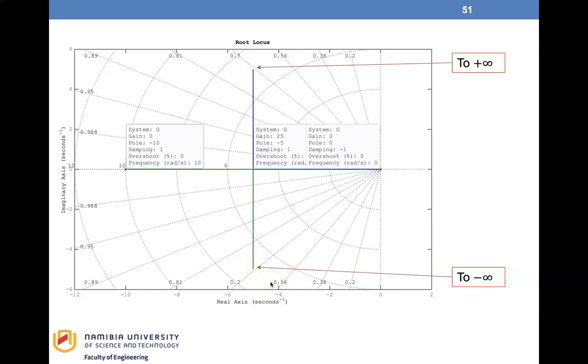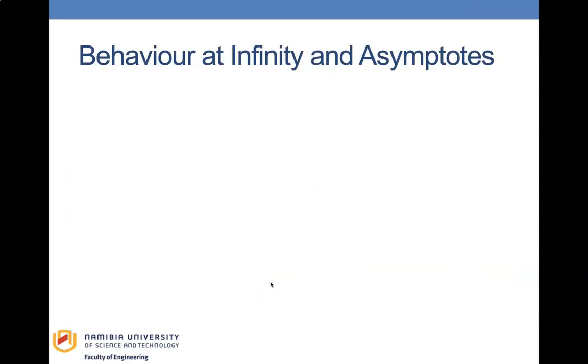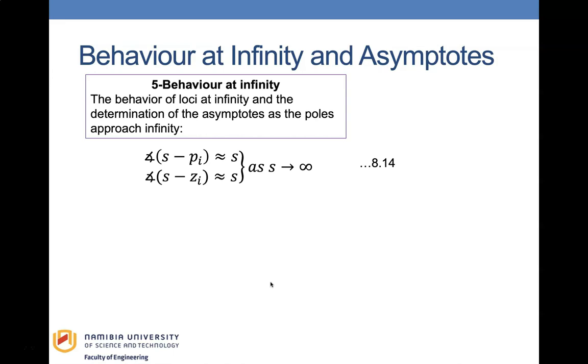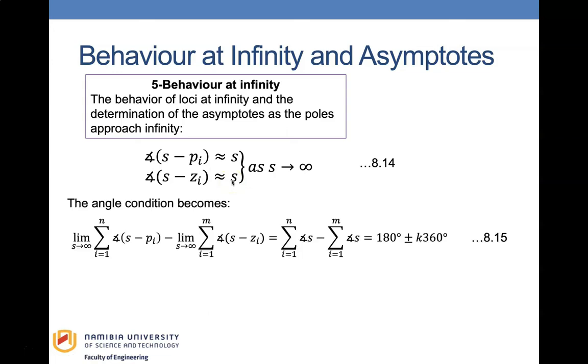The last rule requires a little more explanation. The behavior of loci at infinity and the determination of the asymptotes as the poles approach infinity is determined from the following fact. The angle of the point s minus p_i and s minus z_i becomes approximately the angle of s. Therefore, the angle criterion becomes equation 8.15, and this will yield equation 8.16.